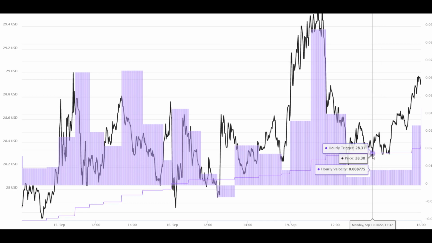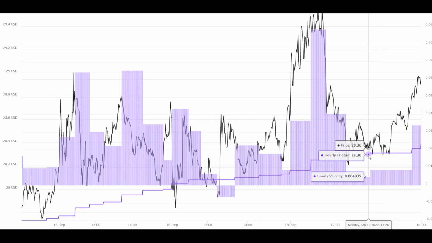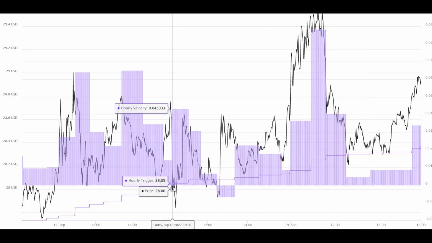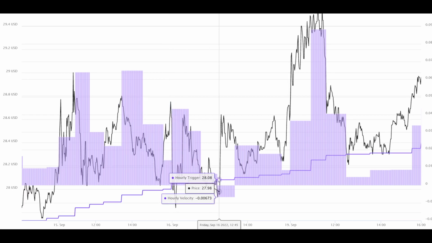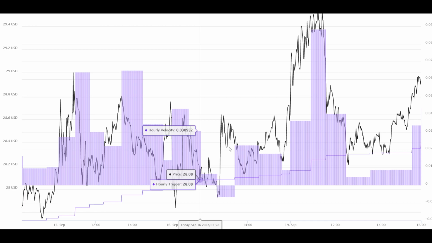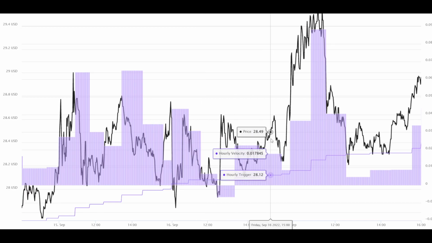The hourly trigger is calculated exactly where it's supposed to be, and it's extremely precise. And so maybe sometimes price will sell a little under on really strong selling moves. But in general, the hourly trigger is going to be a pretty precise bounce point. So these are some examples of price bouncing off the hourly trigger with positive hourly velocity.